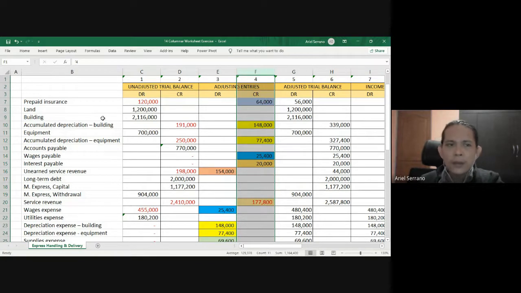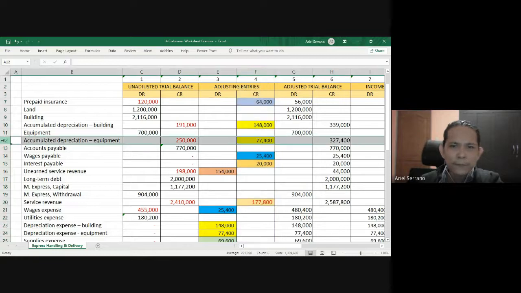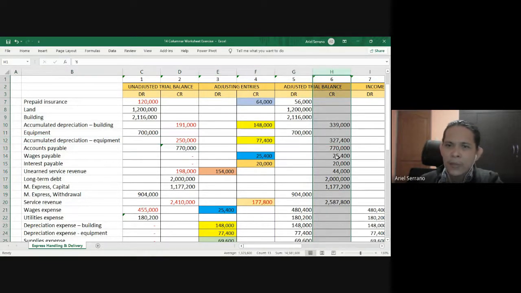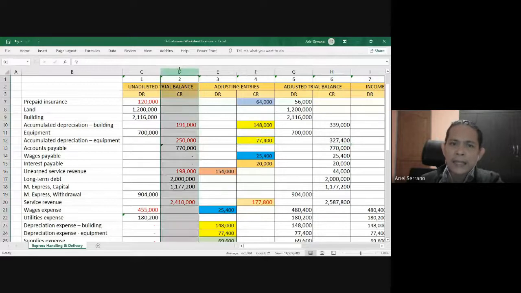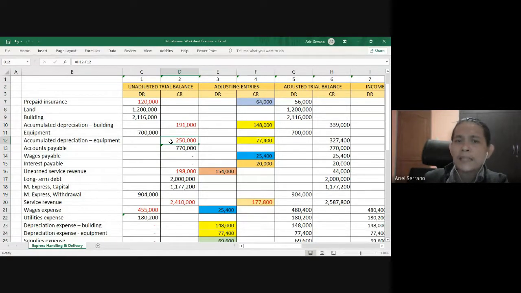For example, for my accumulated depreciation, per the adjusted trial balance, we have 327,400. But because there was an adjustment of 77,400, when we reconstruct the unadjusted trial balance, the accumulated depreciation should have been 250,000 before adjustment. Because this is a credit balance, right?